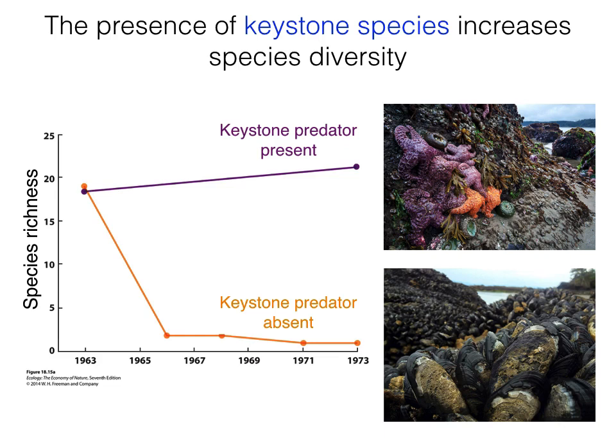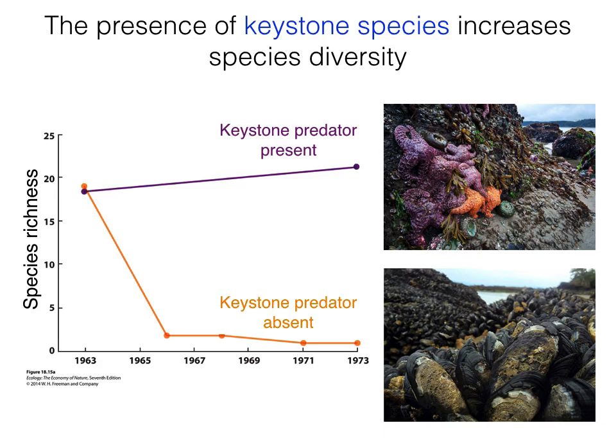What he did on intertidal areas is conduct removal studies where he removed Pisaster, the sea star, shown in the top figure there, from certain areas of the intertidal zone, and he allowed it to be present in some locations, and he excluded it from the community in others. The graph shows the species richness over time of areas where the Pisaster, the keystone predator, was present, and where it was removed and so was absent.